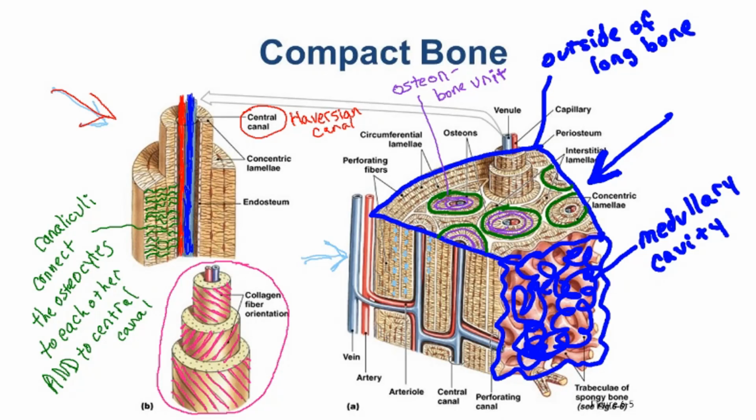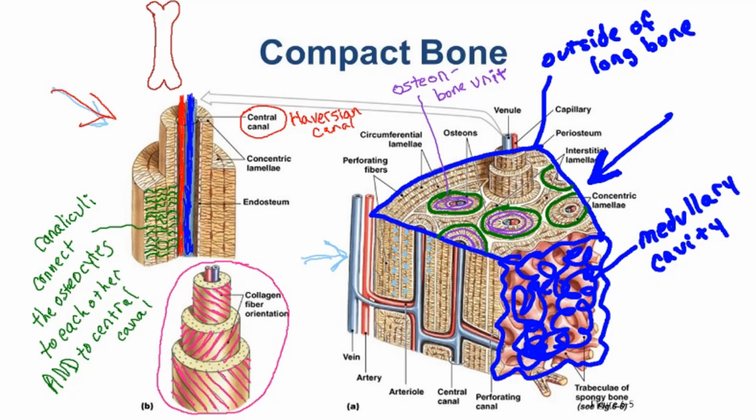Now, two more things I want to point out to you on this diagram about the compact bone in our long bones. If you remember, I drew a little generic long bone. It looks more like a dog biscuit, I know. But here is the mythical long bone.